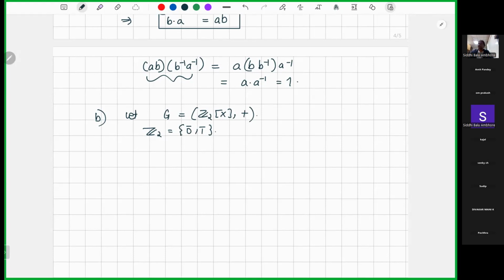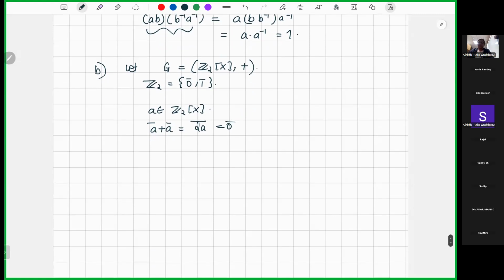If I take any A in Z2[x], then A plus A will be 2A, and once I have 2A, it becomes 0 in Z2[x].